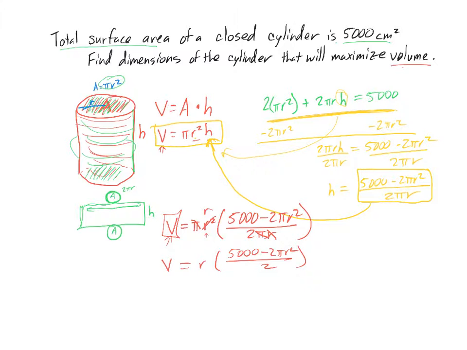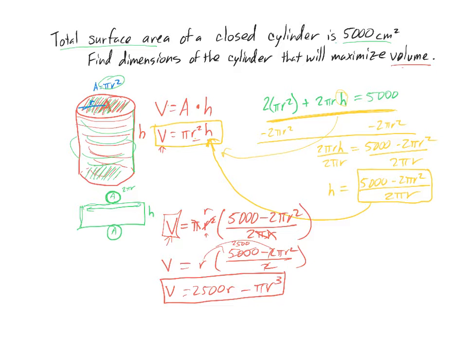If I divide both these things by 2, I'm going to get 2,500, and I'm going to distribute the r in there so that I've got V equals 2,500 r minus pi r cubed. You'll notice that I do just have a cubic here, which we should be able to use to find where the maximum value is for V.